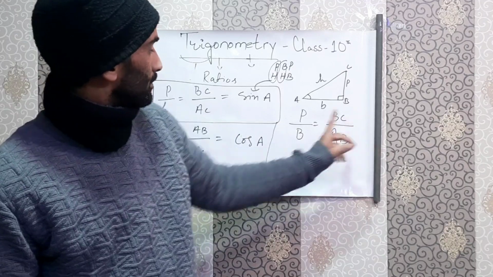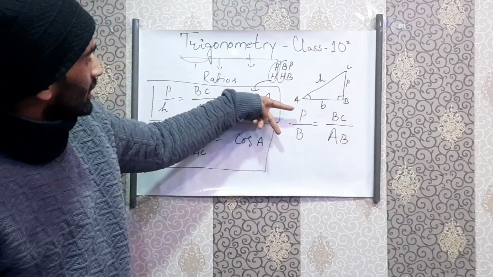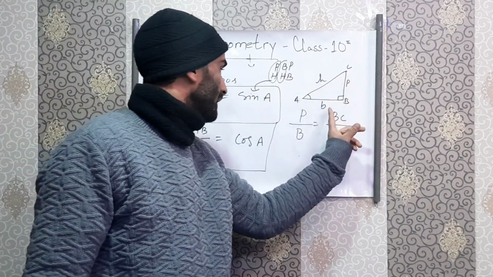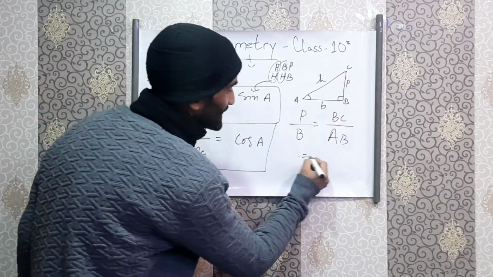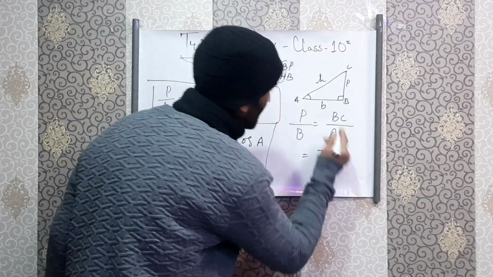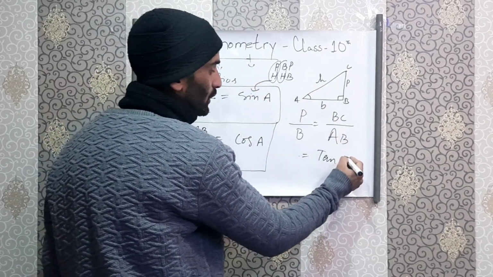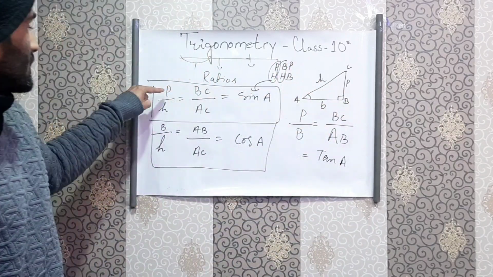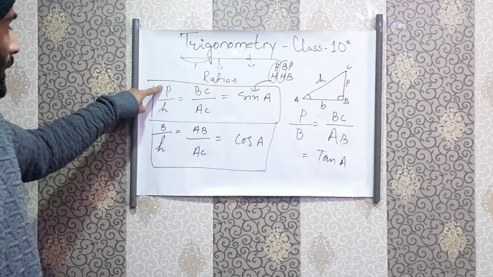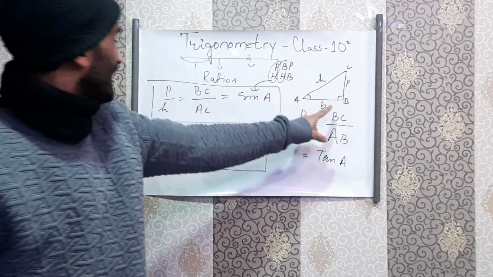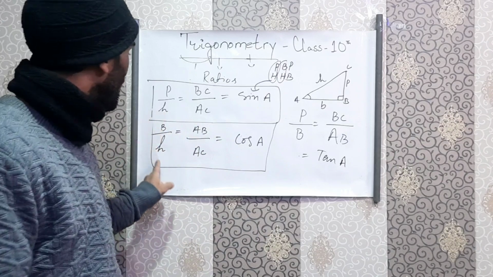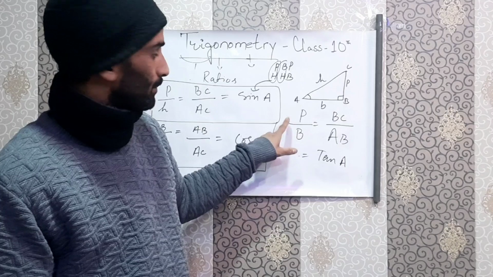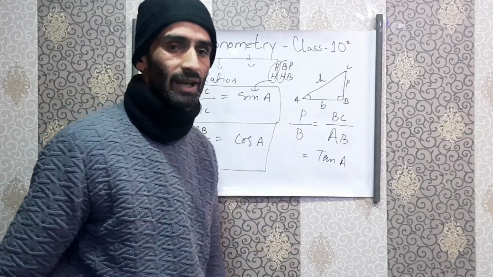The third ratio, perpendicular by base, is known as tan, or we can say tangent, and the angle here is A, so we can write it as tan A. Now three ratios we have learned. The first one is sine, that is perpendicular by hypotenuse. The second one is cos, that is base by hypotenuse. The third one is tan, that is perpendicular by base.